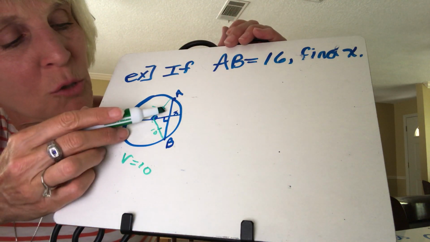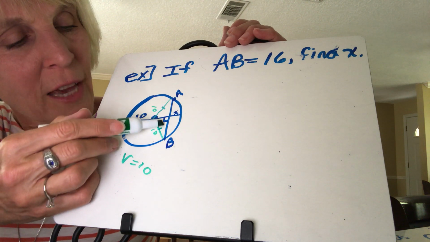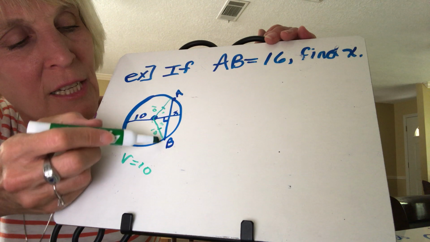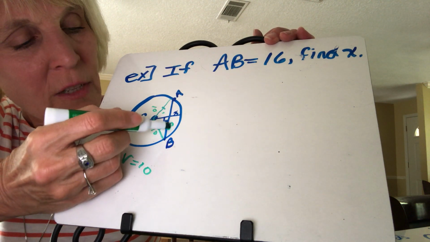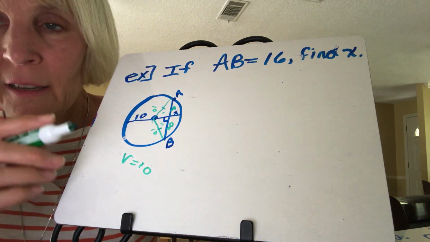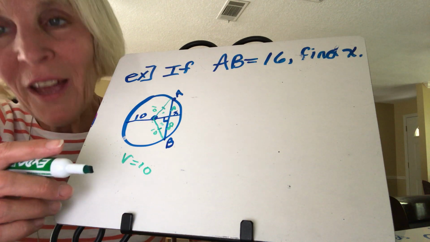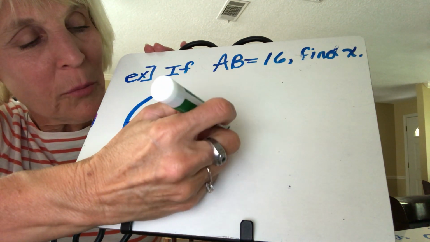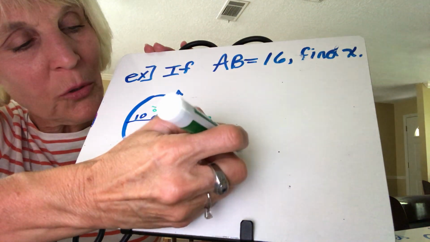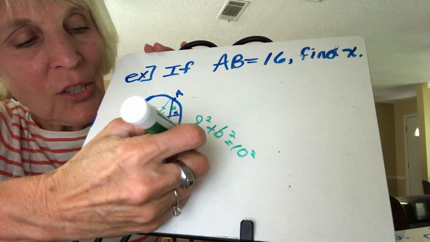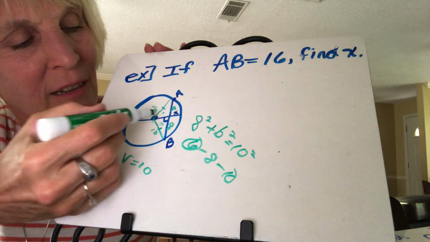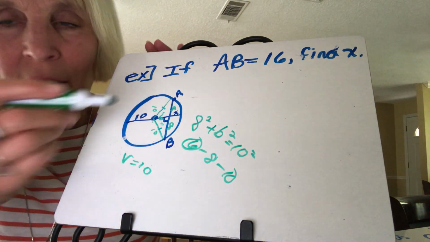If these 2 triangles are congruent, so if that triangle is congruent to that triangle, and AB is 16, then wouldn't each of these have to be 8? And now you see you have a right triangle. I could say 8 squared plus b squared equals 10 squared, or I could use a 6, 8, 10 and say this piece is 6.